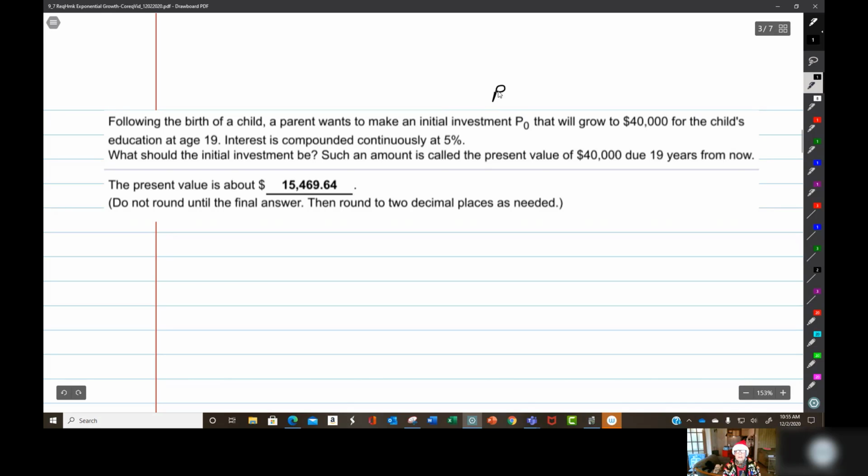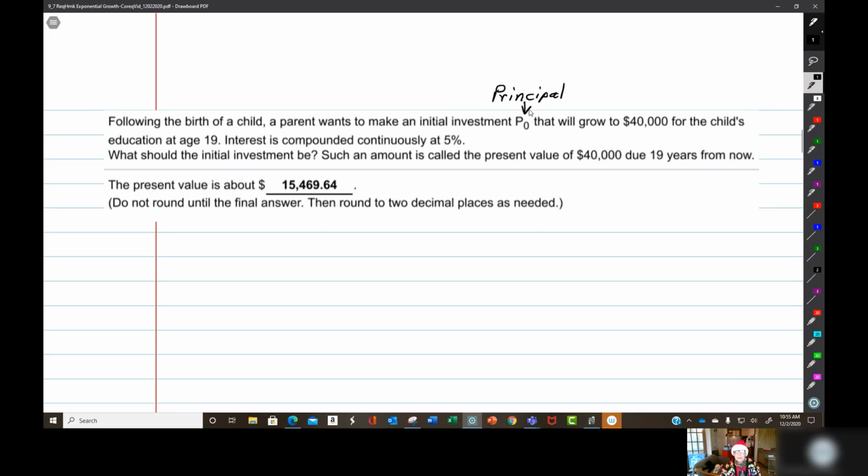The principal and P0 are the same thing. The investment, P0, will grow to $40,000 for the child's education at age 19.